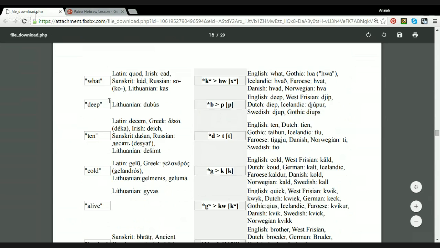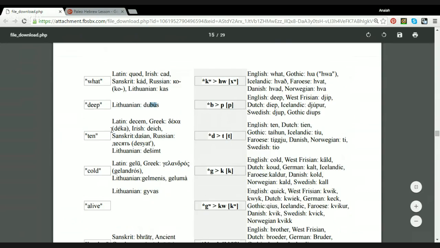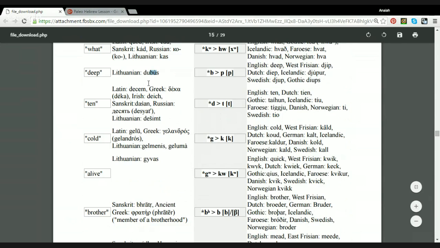Now here's another one, deep. Lithuanian, it's got dubus with a B. Now here it's a P. Deep. West Frisian, diep. Dutch, diep. Icelandic, djuper. Swedish, djup. Gothic, djups. And then there are several more. Ten: Latin is decem.